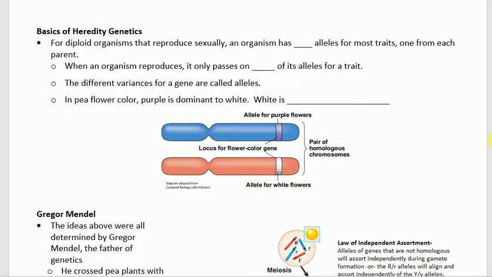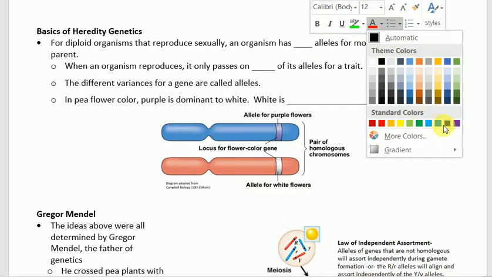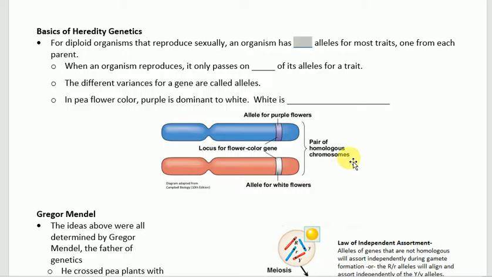Okay, so let's talk about some basics of heredity genetics. For diploid organisms that reproduce sexually, an organism is going to have two alleles for most traits, one from each parent.